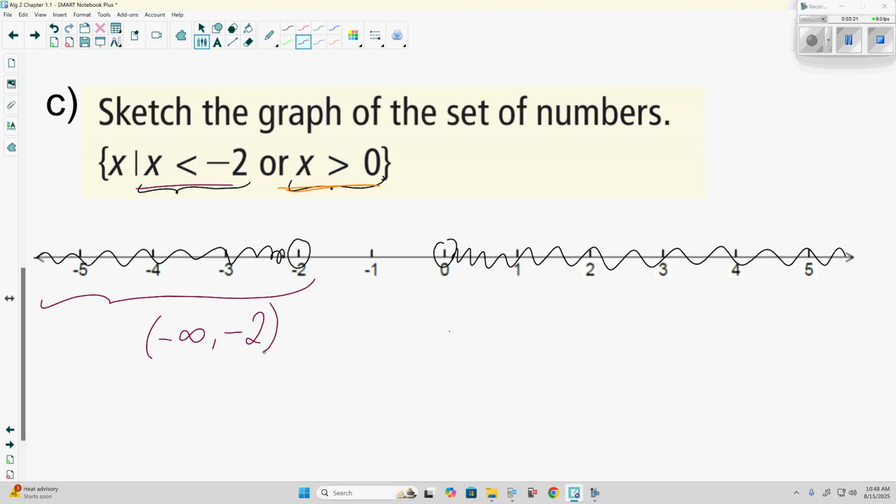Okay. Now the other statement we have is that x is greater than 0. Our one endpoint is at 0, and it's going to infinity. And again, both of those would have parentheses. Yes? Would it always go to infinity? If it's going in one direction, yes. If there was another endpoint, it would stop there.